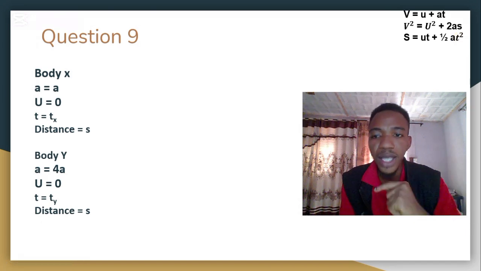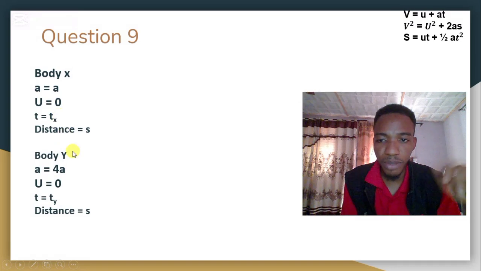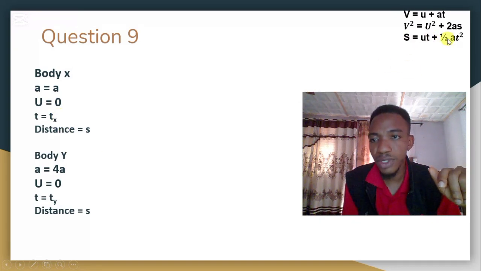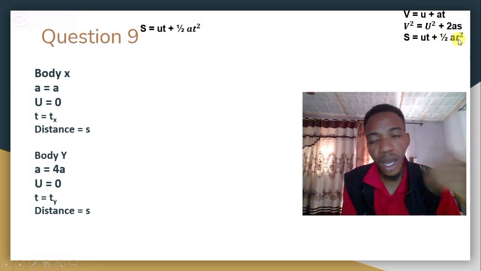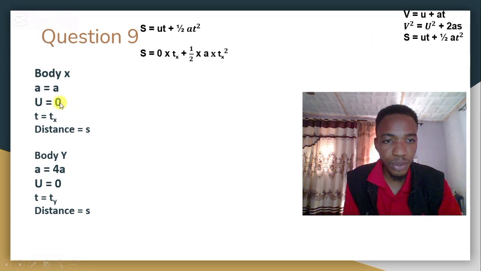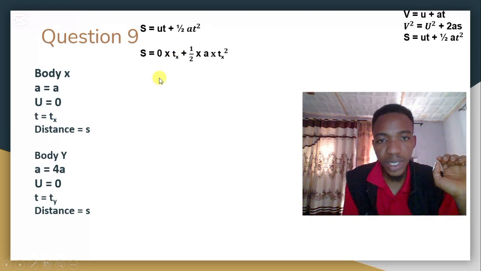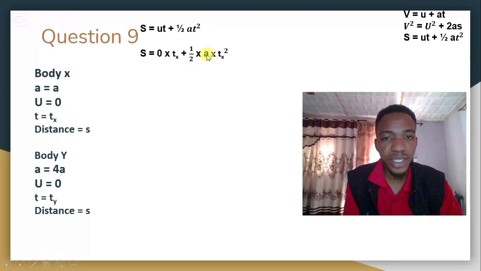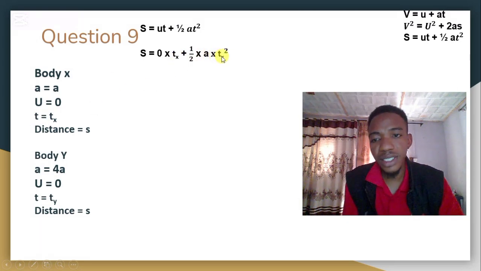So let's solve it. Let's start from body x and use this formula, s equals ut plus half at squared. For body x, the initial velocity is 0. We put 0, the time is tx, plus half times the acceleration a, times the time tx squared.